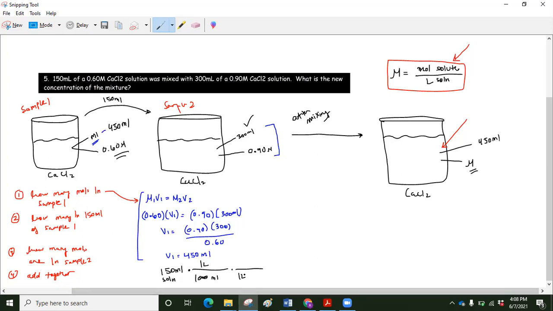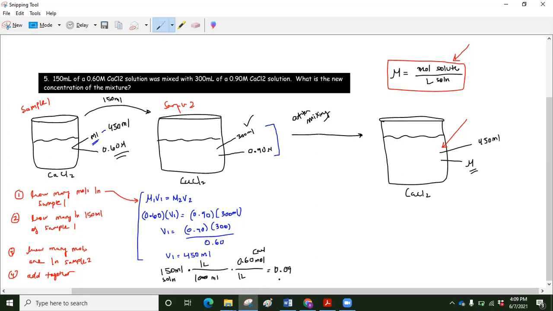For every 1 liter, you have 0.60 moles of CaCl2. If you plug this into your calculator, you would do 150 multiplied by 0.60, and then you divide by 1,000, and you get 0.09.